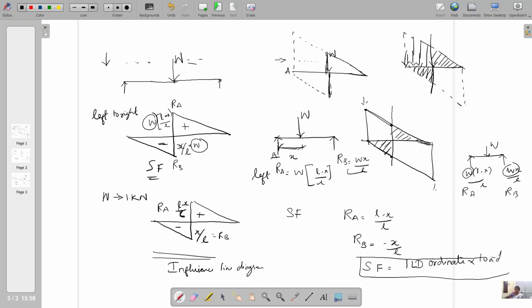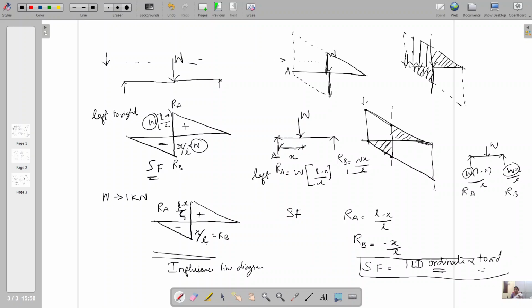You have to remember that for the shear force value or bending moment value, anything you want, it is the ILD ordinate, where ordinate means vertical distance, into the particular load. And if you want the RA value here, you can calculate x by L and L minus x by L only with the geometric properties, because you kindly note that x and L are distances, and L minus x and L are all geometric properties.